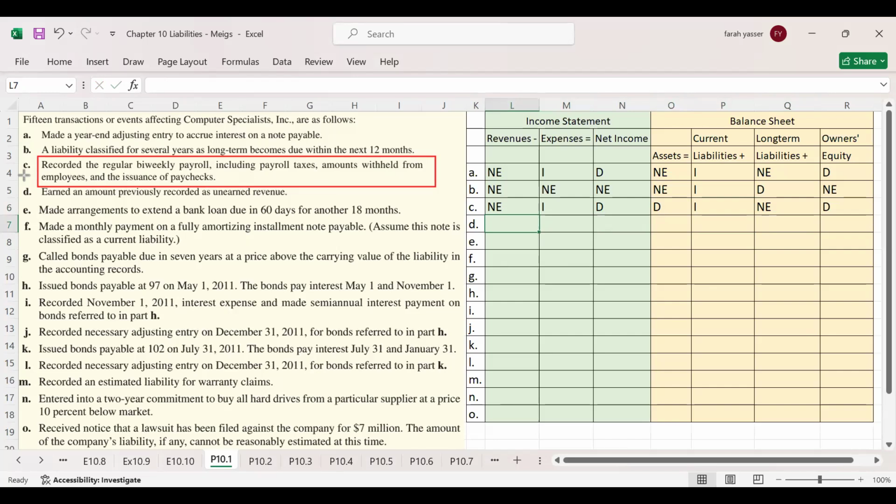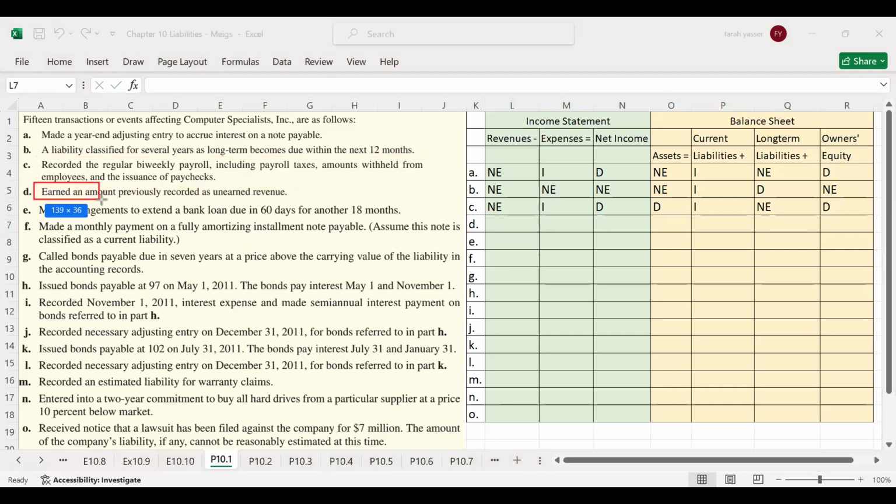In the next transaction, the company earned an amount previously recorded as unearned revenue. So unearned revenue is a current liability for the company, and this unearned revenue is converted into revenue earned whenever the company provides services.